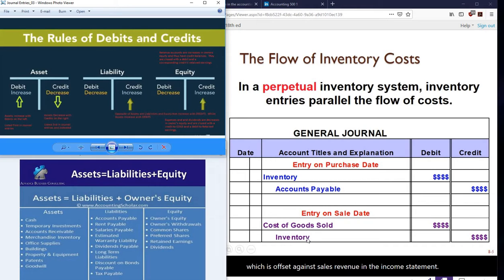So the inventory is going to be credited, correct? You see how credit and debit are opposite? I mean, they're both decreasing, right? You sold inventory, correct? So the cost of goods sold, by definition, and the inventory went down.